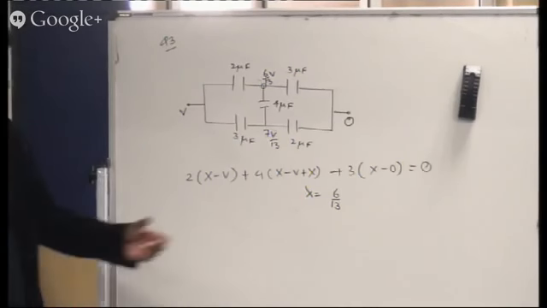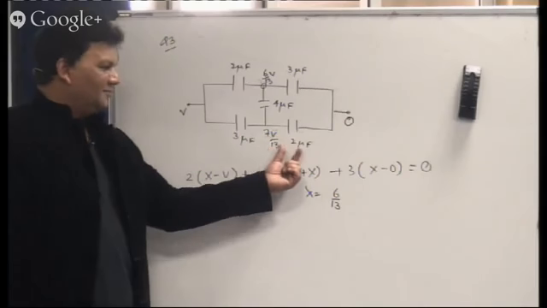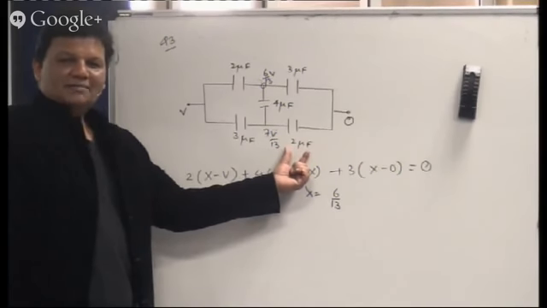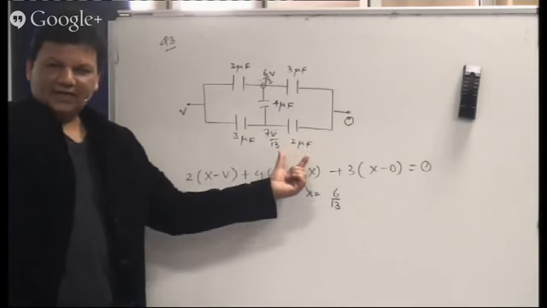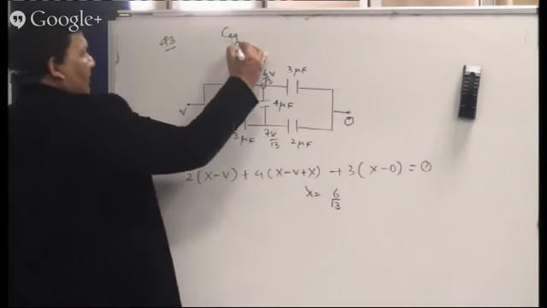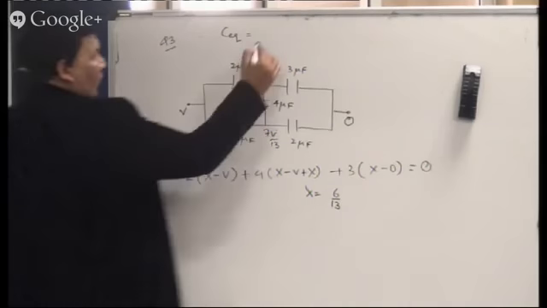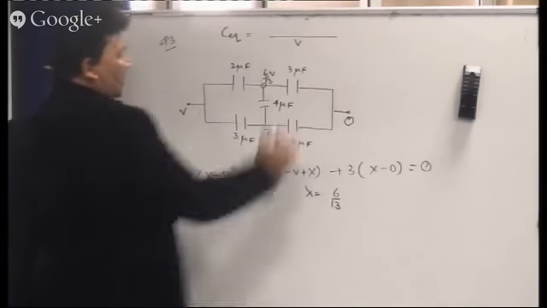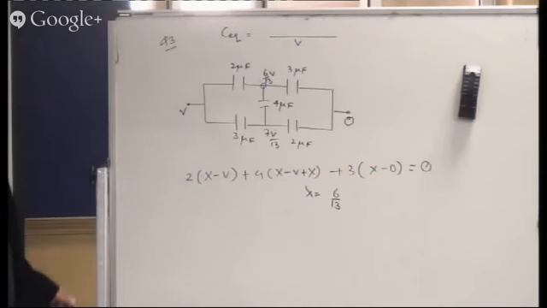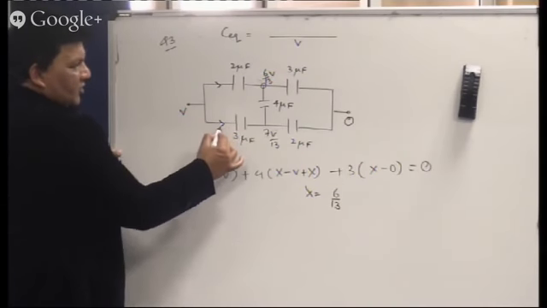He says, I want to find the charge across this. How much is this? 14 by 13. Right? If he says, find C equivalent, what is C equivalent equal to? Q by V. What is the potential difference? V. What is the charge? There are two directions in which the charge would flow. Yes or no?